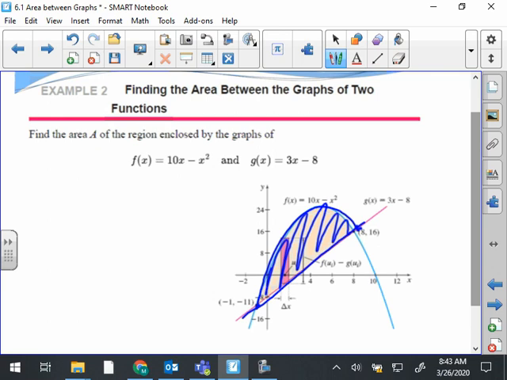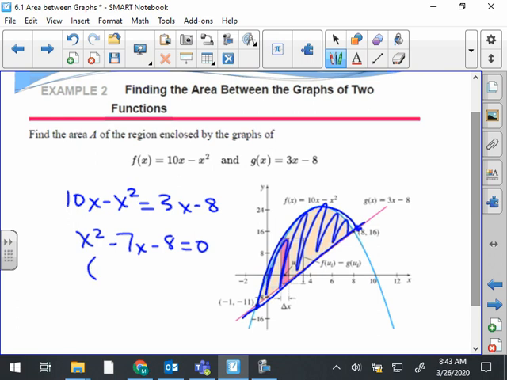So let's do that. What we really want to know is when 10x minus x squared is equal to 3x minus 8. So let's simplify this. I can simplify this to x squared minus 7x minus 8 equals 0.